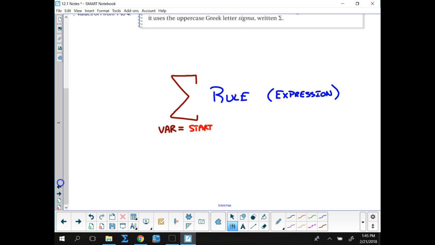Find your next term, your second term. And up by 1, and so on and so forth, until you get all the way to your ending number. So you need those 3 parts in order to do sigma notation.